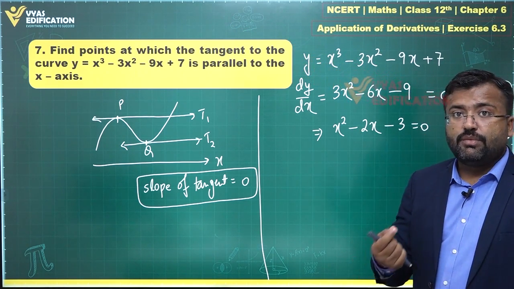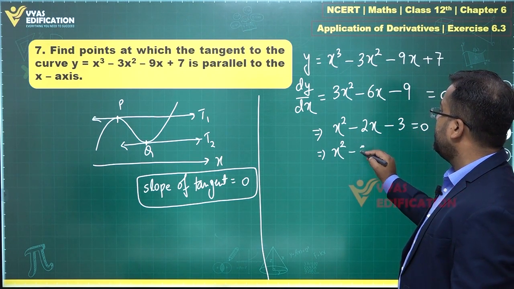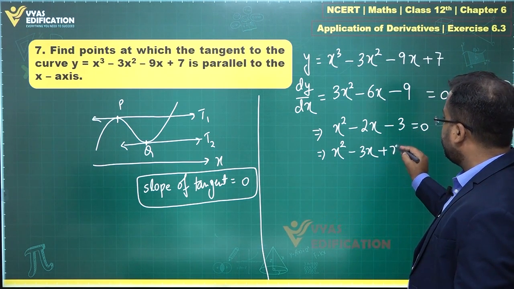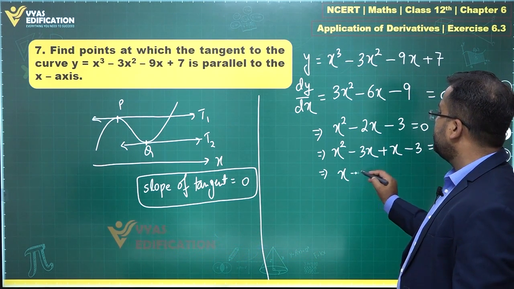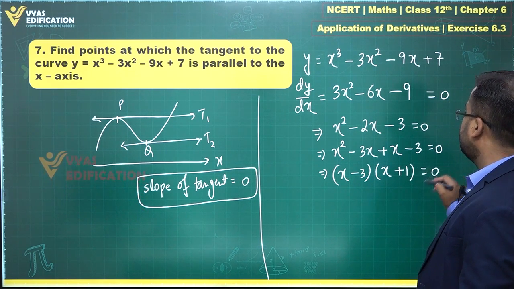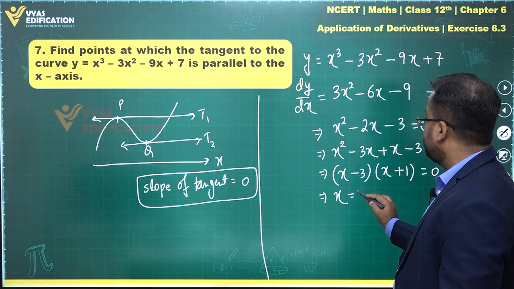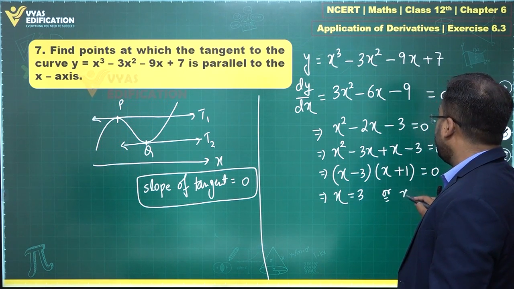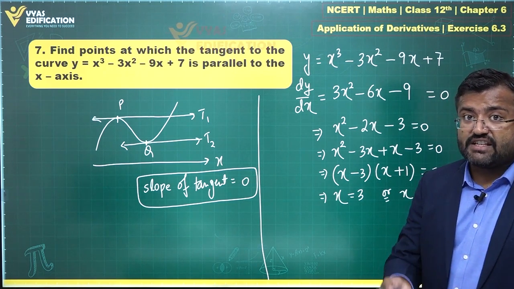The factors will be minus 3 and 1, which add up to minus 2. So x square minus 3x plus x minus 3 is equal to 0. One of the factors is x minus 3. The other factor is x plus 1 equals 0. And this gives me x equals 3 or x equals minus 1. Now, these are the values of x, mind you.